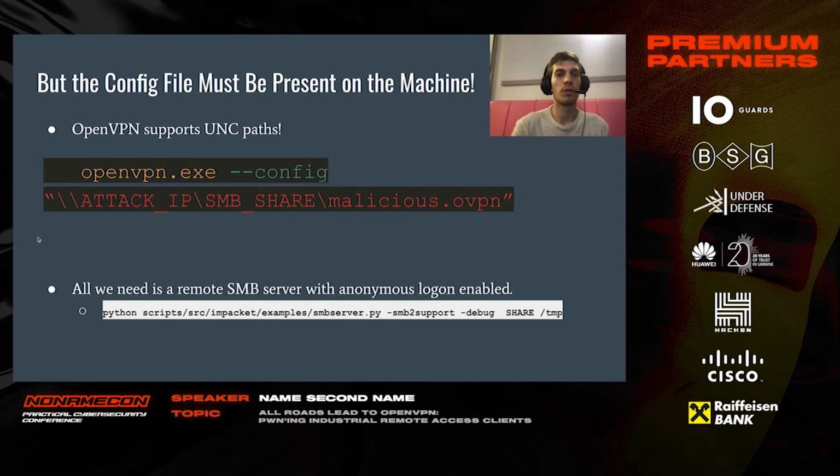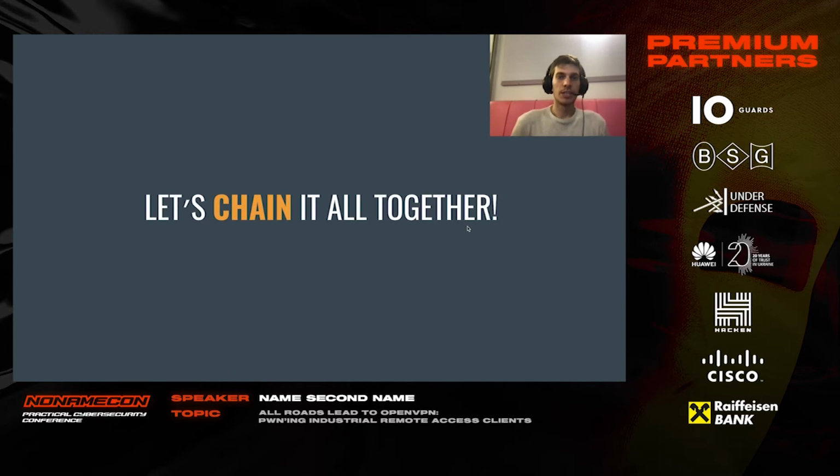So for example, if we're hosting a malicious OpenVPN configuration, and we start the OpenVPN tunnel with this configuration, the configuration will be pulled from our remote SMB server, and so our entire attack can be executed remotely. So that's the base of our attack and all the different parts in the exploit.